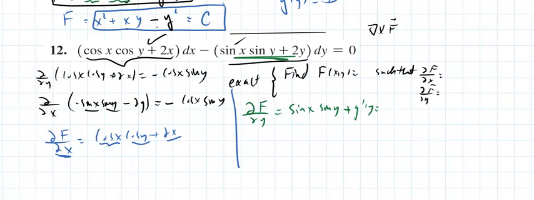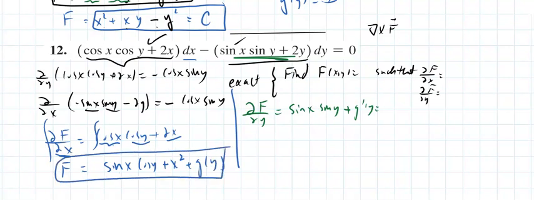So if I start with the partial of f with respect to x, that is going to get me the cosine of x cosine of y. Okay, so if I undo a partial derivative with respect to x, this is the sine of x. Derivative of sine is the cosine times cosine of y plus x squared over 2 plus a function of y. There we go. Now if I take the derivative of this with respect to y, derivative of cosine is negative the sine. Sine of x is a constant.